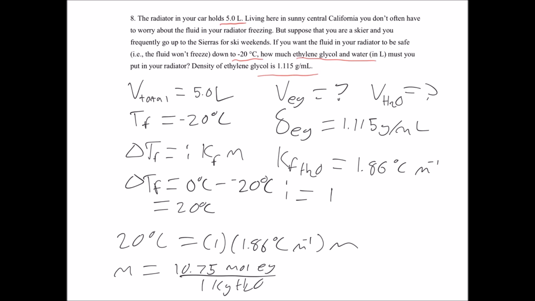Now this isn't really answering what the question wanted us to answer. Instead, we just found the moles of solute in the kilograms of solvent. However, with some unit conversions, we can actually convert this to a ratio of the volume of ethylene glycol per the volume of water.